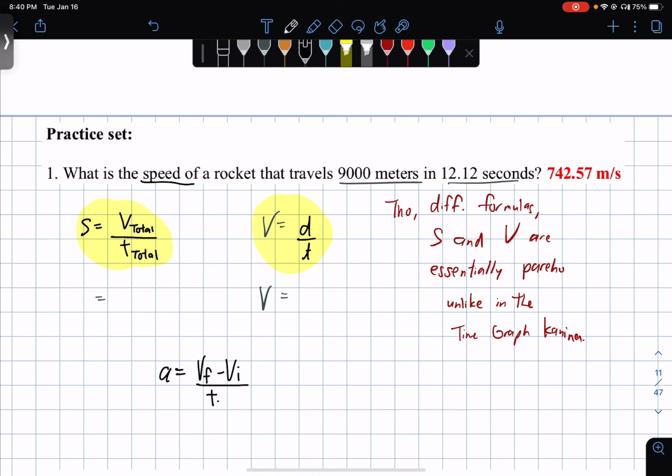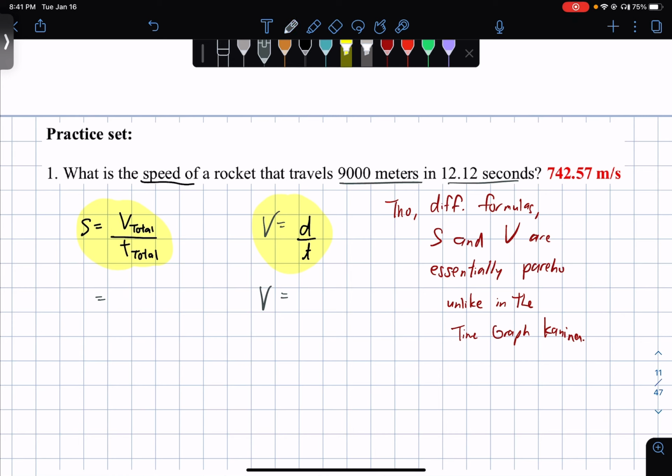So we're supposed to find the total time, which is basically Tf minus Ti. The only difference between velocity and acceleration is the unit. Velocity is meter per second usually, and for acceleration, it's meter per second squared. I just wanted to point that out before we start.